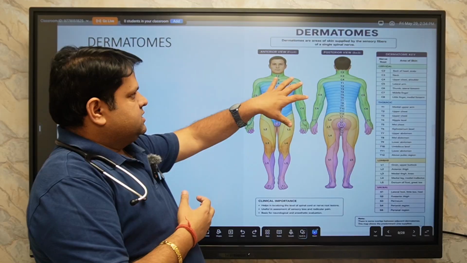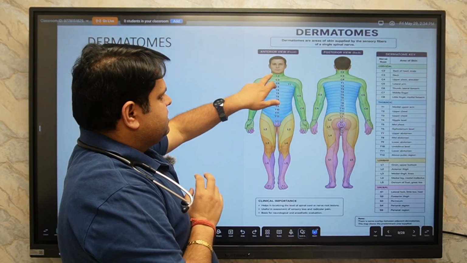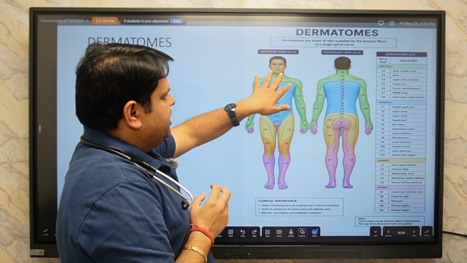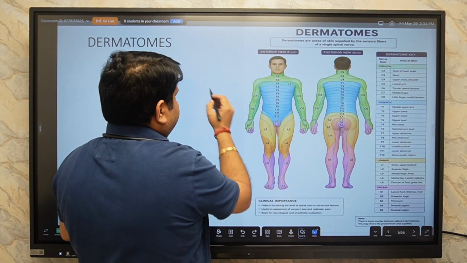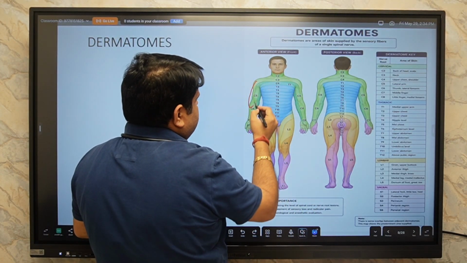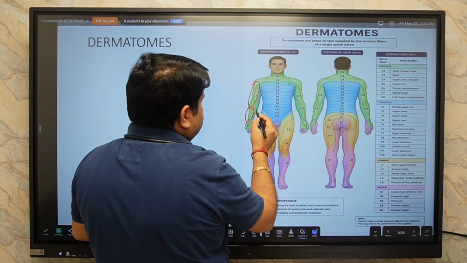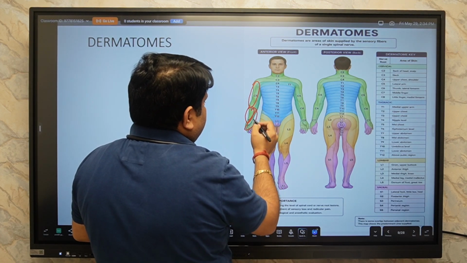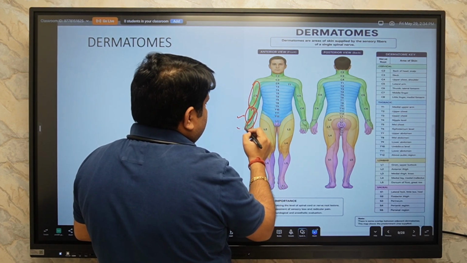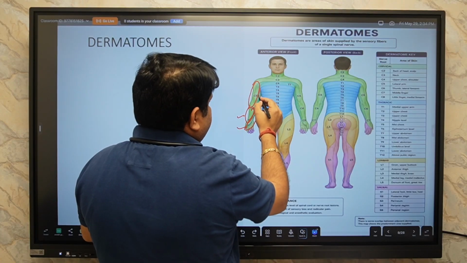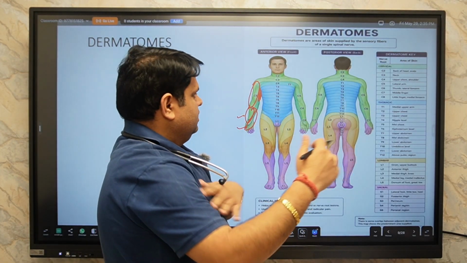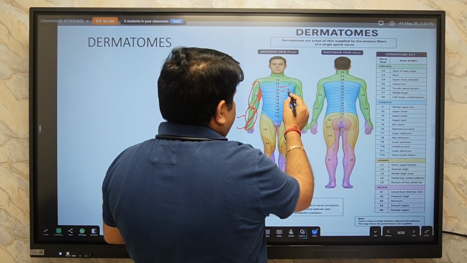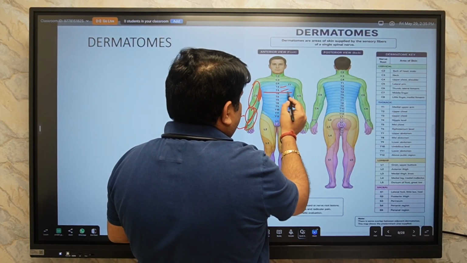Like, the neck portion is supplied by the C2, C3 and C4 nerves. After the neck, the upper limb is supplied by C5, C6, C7. C6, C7 usually supply the hand. T1 supplies the medial side of the axilla. Then T2, T3, T4 are around the level of the nipple.